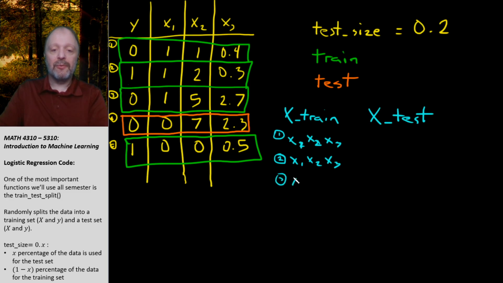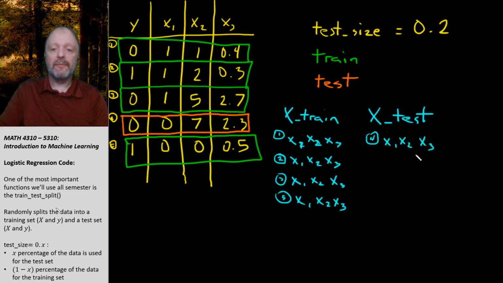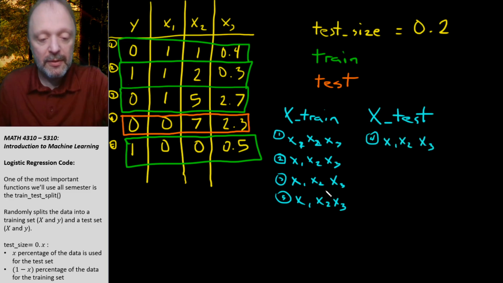It'll receive the third one, x1, x2, x3, and then the 5th one, x1, x2, x3. Over here in X test, it's going to be holding the 4th example, x1, x2, and x3.